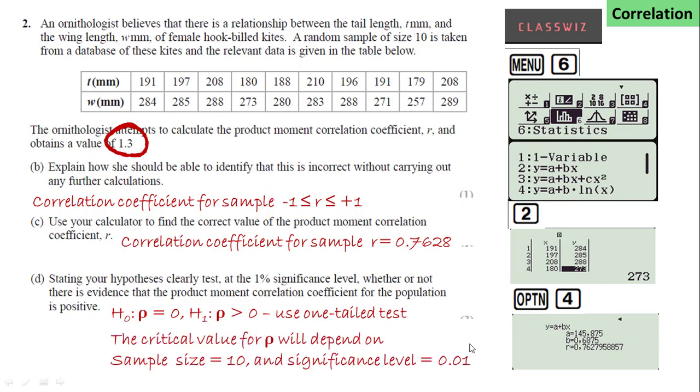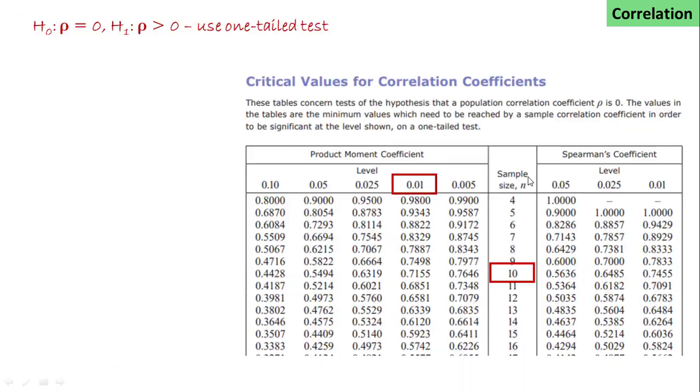To calculate the critical value for rho, we need to know the sample size, which in this case is 10, and the significance level. We return to our formula booklet and look at the critical values for correlation coefficients. Our sample size is 10 and our significance level is 0.01.